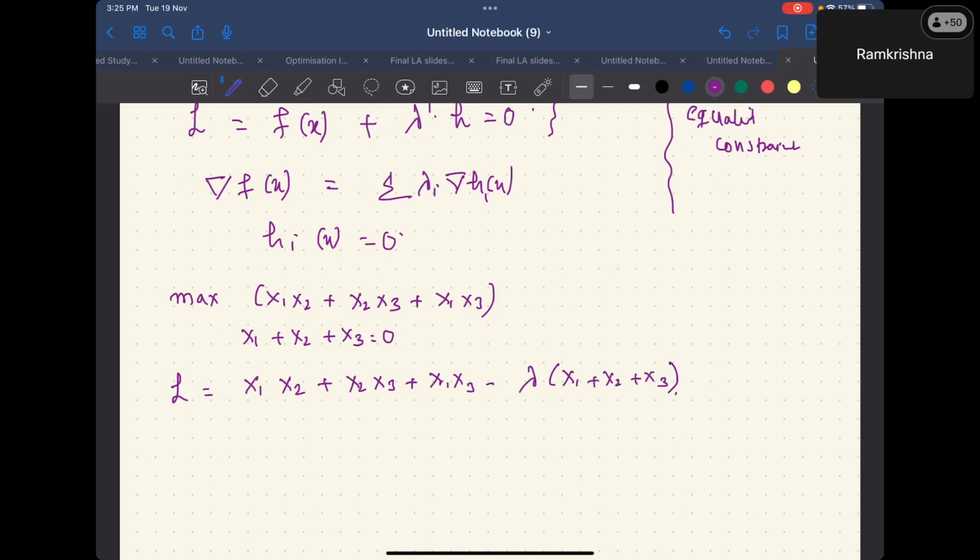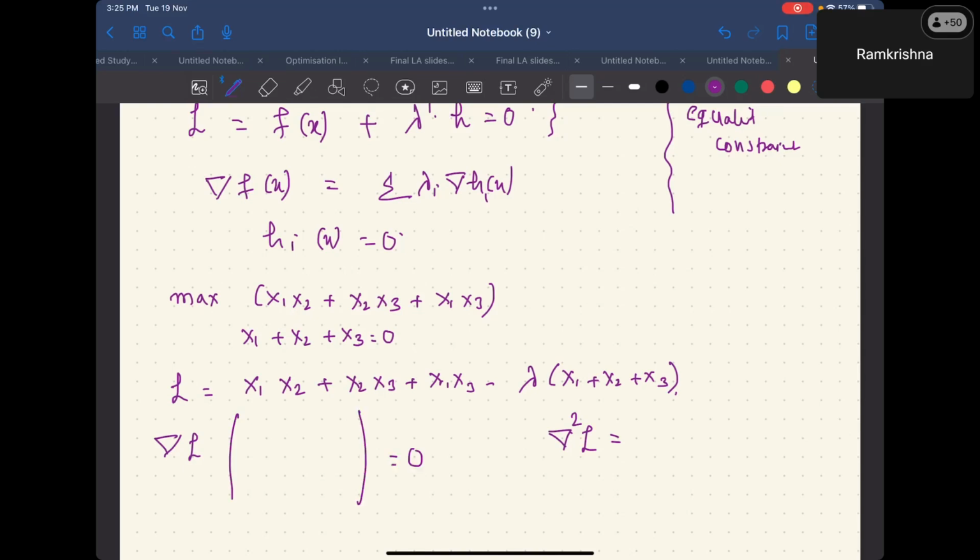Okay, so we look at the gradient of L with respect to x, and I'll be largely interested in the second derivative, the Hessian of L with respect to x. Of course, lambda wouldn't matter there, so I'll skip this step.